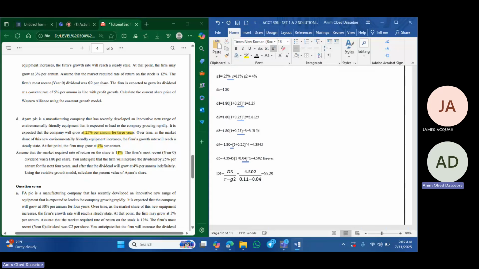Now you have gotten all the dividends in the future.